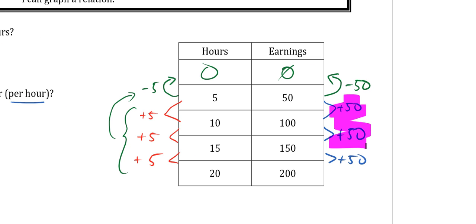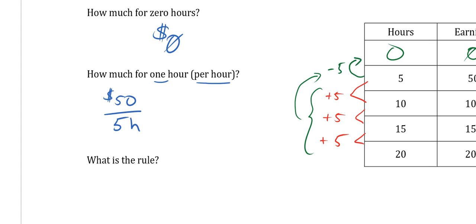So I look at this like always, but I have to look at the change here as well. And I always want to make this just like we were doing on the learning goal today and before, per 1 hour. So this is $10 per hour. So what's the rule?